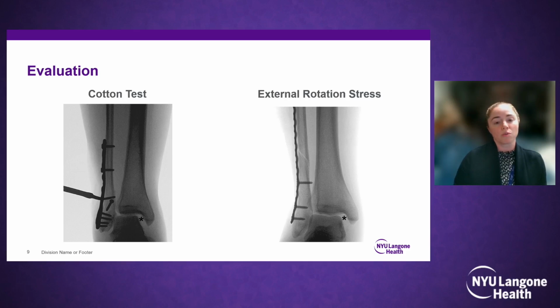Or you can do a stress examination where you hold the foot in dorsiflexion and you externally rotate the leg. And the same thing, you're looking at this medial clear space to see if there's widening. If there's widening more than 5 millimeters, you probably need to fix the syndesmosis.